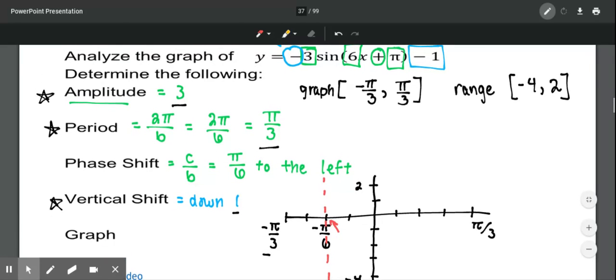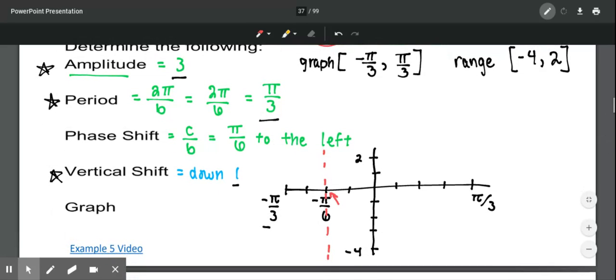And now you have to remember, okay, it's a sine graph. Right? And we still have to shift down 1. So I'm going to take away this arrow that we said was the origin because I forgot to shift it down 1. So we're going to shift the x-axis down 1, right?